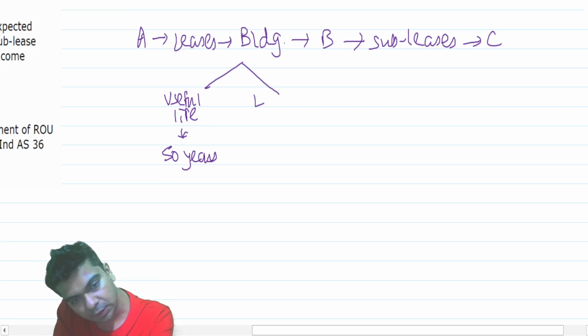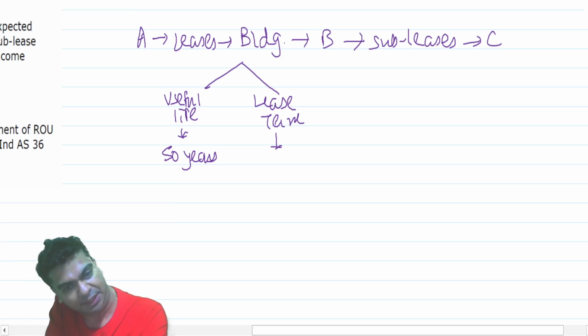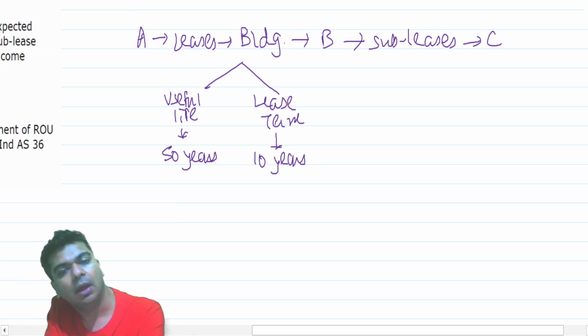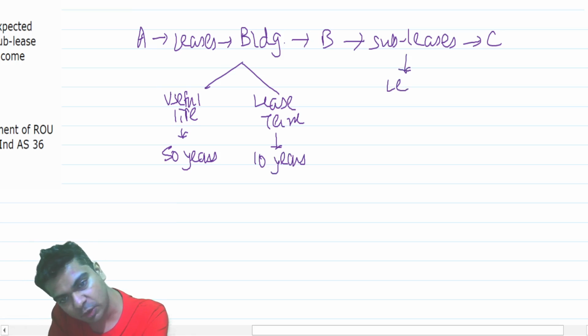The lease term over here, it doesn't matter much, but let's say again is 10 years, and when you are subleasing it, the lease term is 2 years.